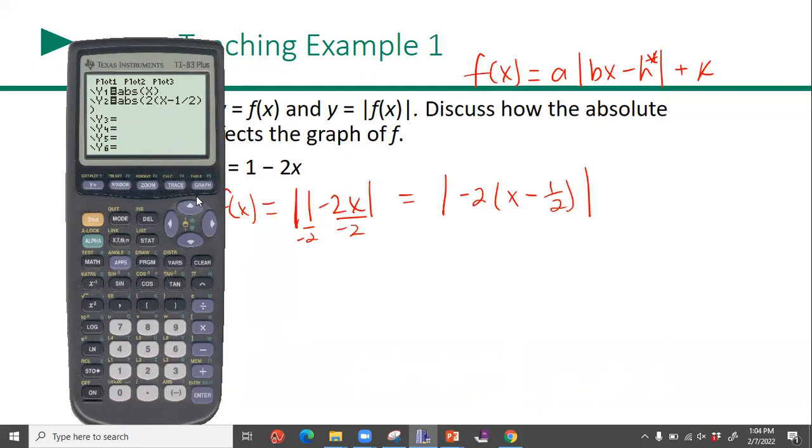So we already know that the 1/2 caused us to shift to the right, correct? Now, what do you notice the 2 did? What did the 2 do? It made it stretch, right? Do we see that? So the 2 right here, the way we actually look at it, the 2 is called a horizontal compression, okay?